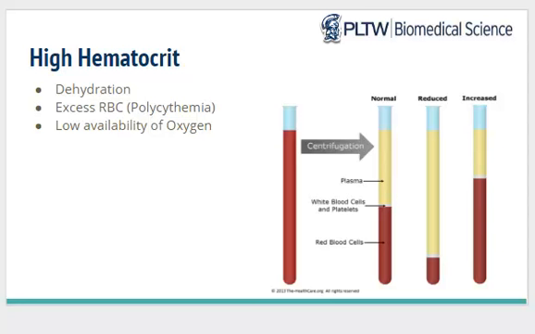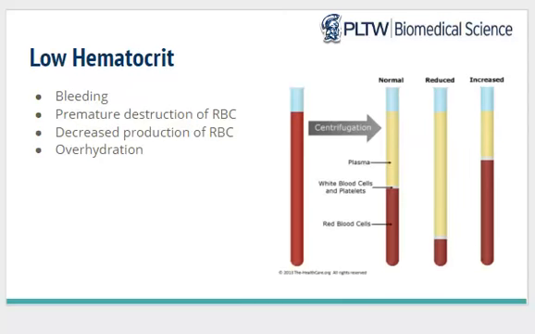In addition, excessive red blood cell production: if something is causing the body to produce too many red blood cells, that would result in a high hematocrit. Also, low availability of oxygen. If oxygen is not available, it's going to stimulate erythropoiesis, which will then increase the number of red blood cells present in the body.